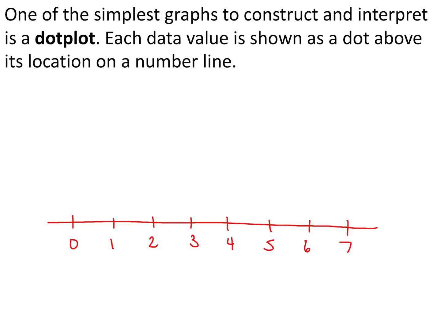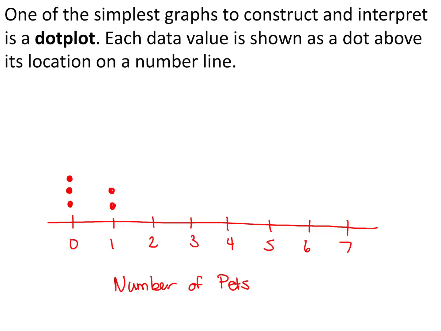You need to label what we're looking at. So let's say this is the number of pets, and we're talking about students in our classroom. If we have students that don't have any pets, let's say we have 3 students that don't have any pets, we would put 3 dots above 0.